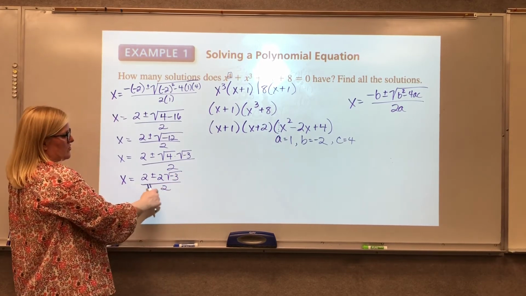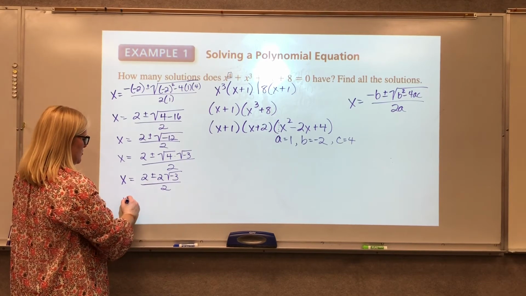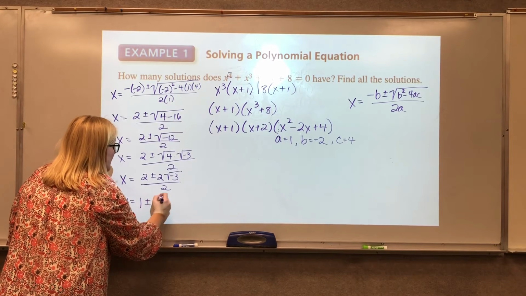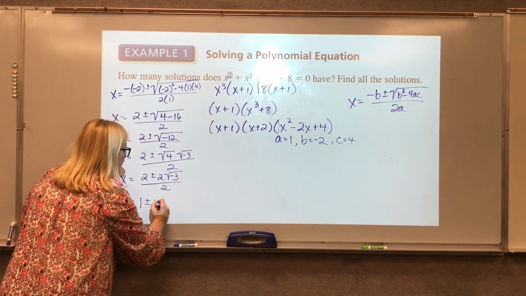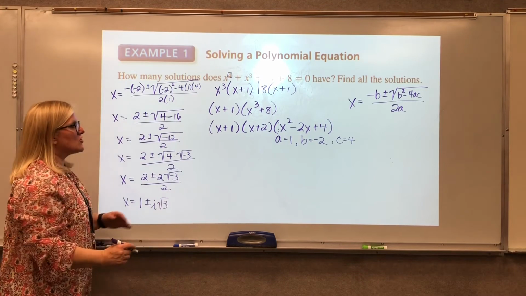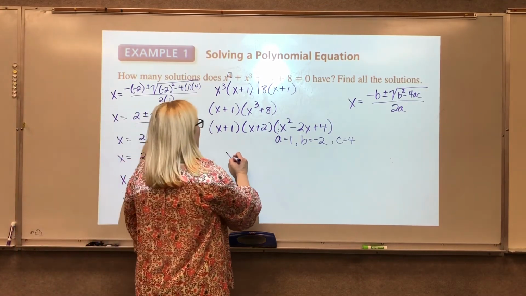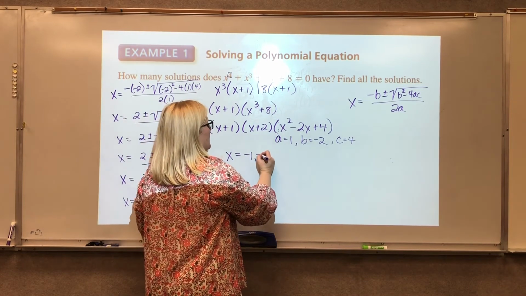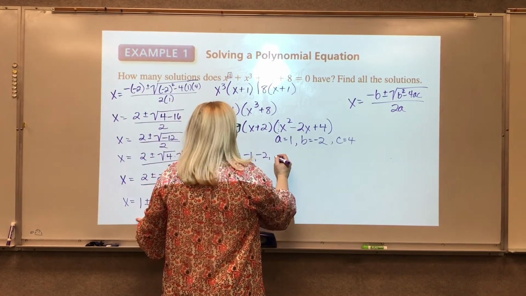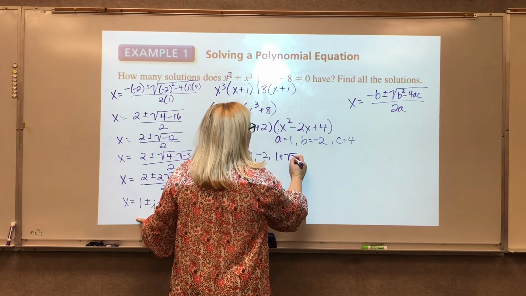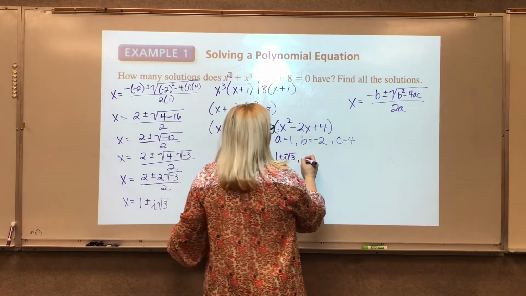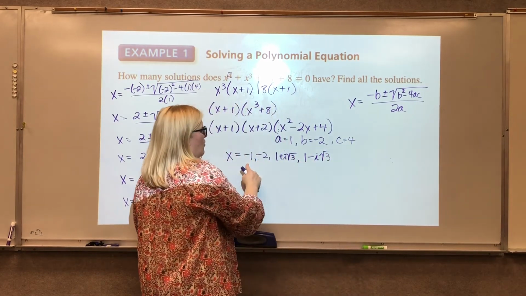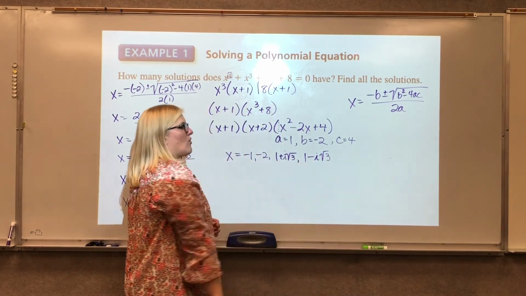And then these 2's divide, so I'm left with x equals 1 plus or minus, this negative is an i, times the square root of 3. So my roots to this problem are negative 1, negative 2, 1 plus the square root of 3i, and 1 minus i times the square root of 3. Okay? So 1, 2, 3, 4 roots.